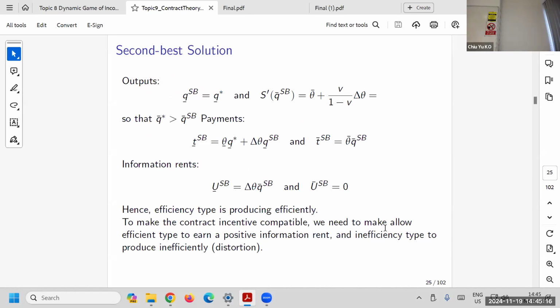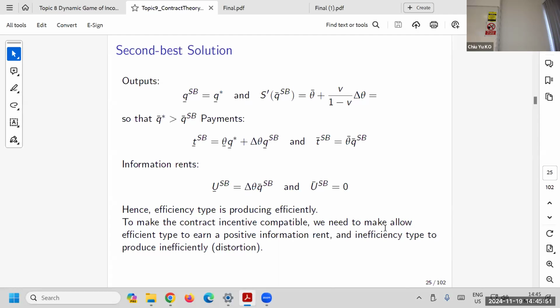So we see that, right? This is the S, right? So we can calculate the payment as well. The payment to the low type turns out to be like this. And the payment to the high type will be this guy. And that means, as we see already, the high cost type gets 0.